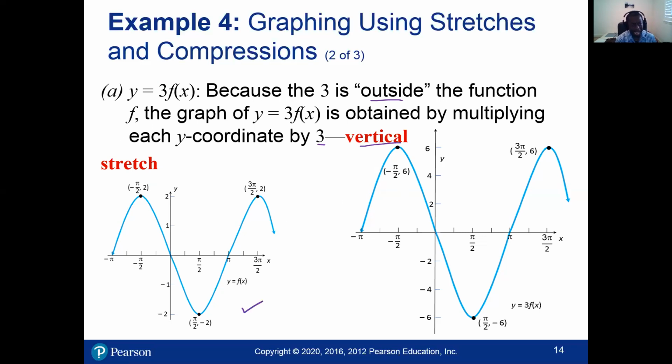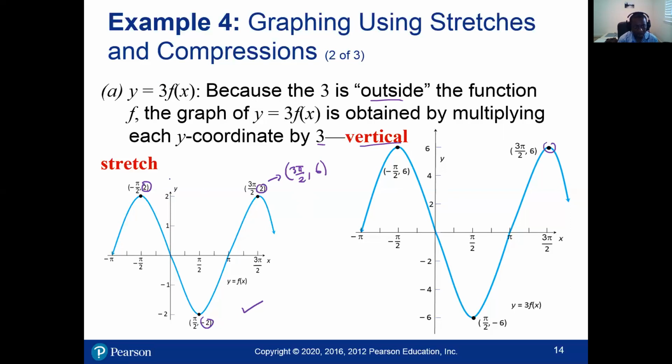What that means is that every y coordinate, we will multiply by a positive 3. So this point becomes 3 pi over 2. Multiply the y coordinate by 3, which is 6. That is why we have this point right here.